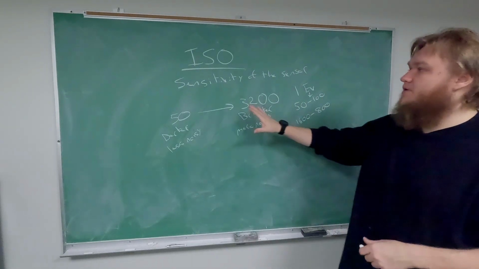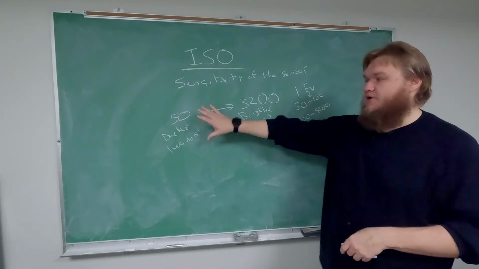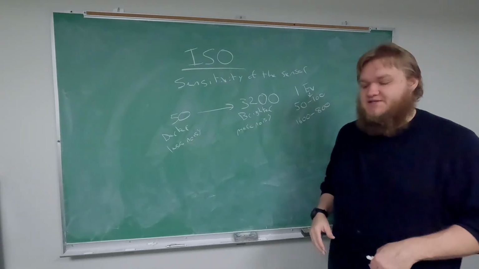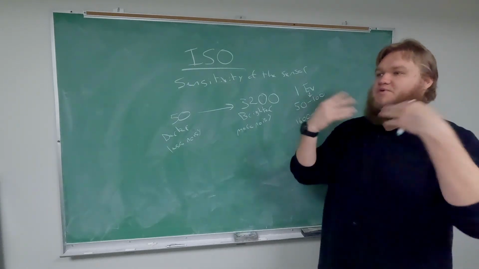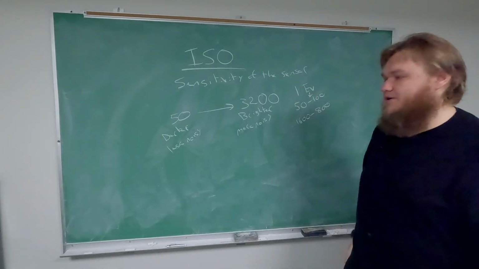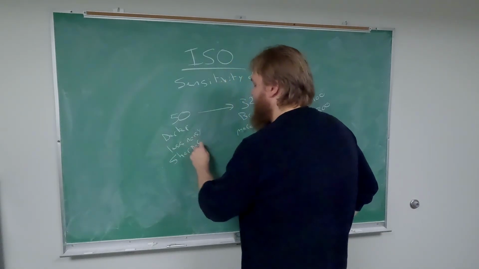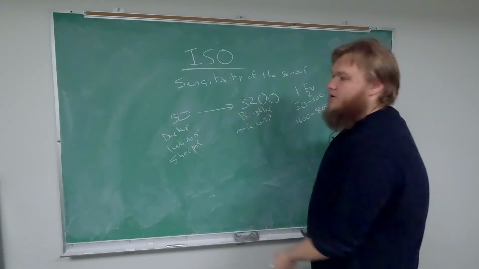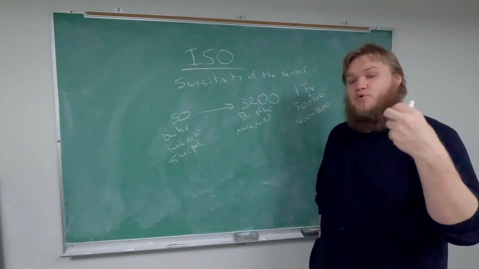So we often want to bias towards lower ISO values because we are going to have less noise, which means our images are going to be cleaner. And the real reason we care about cleanness is that less noise means it's sharper, it has more detail.